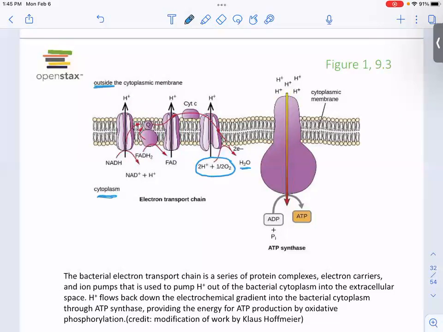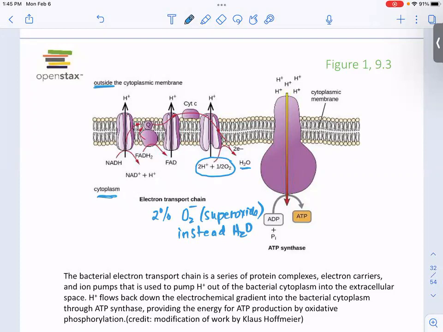That splitting doesn't always happen correctly. Somewhere maybe about 2% of the time we get superoxide instead of water. Okay, so remember we talked about superoxide.